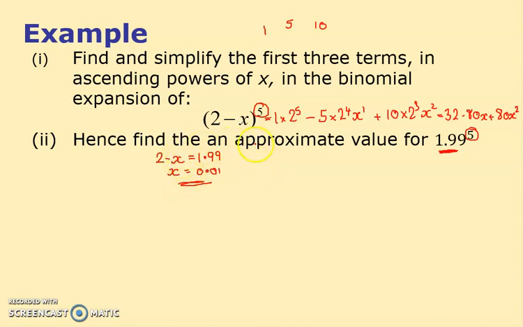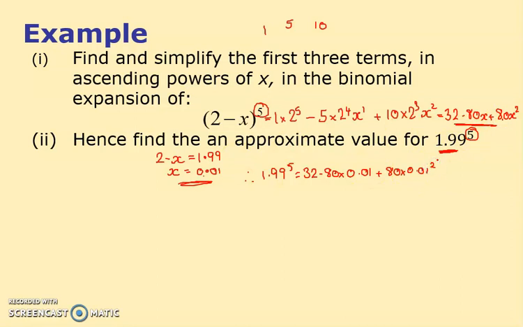So really, to find the approximate value of this, if I substitute x equals 0.01 into the expression I got here, therefore 1.99 to the 5 is equal to 32 minus 80 times x, but now my x I'm suggesting is 0.01, plus 80 times, and rather than x squared, I'm going to have 0.01 squared.